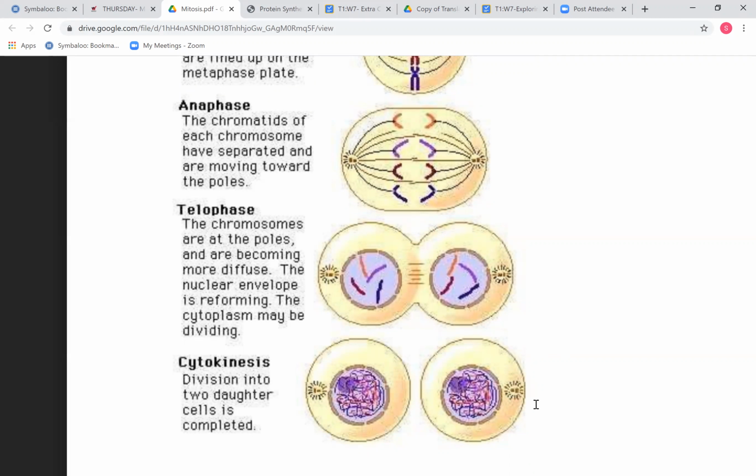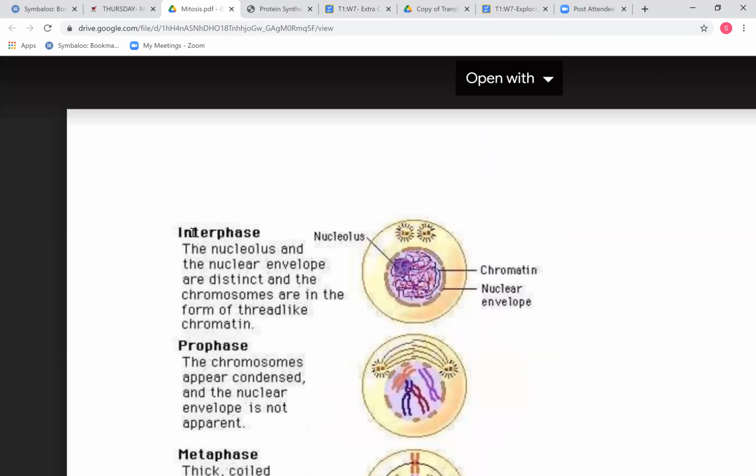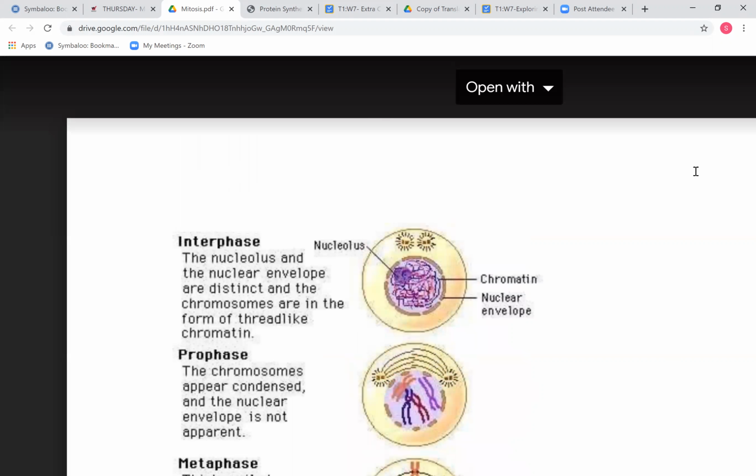Cytokinesis just means to split. It splits. And then again, the cells go back to looking like spaghetti and start all over again. This is what typical cells do. Any cell in your body does this. The other type of cell division is for sexual reproduction, and that's not what this is.